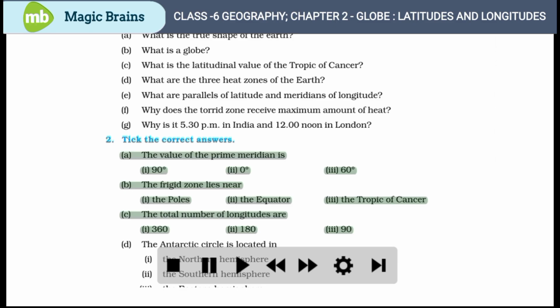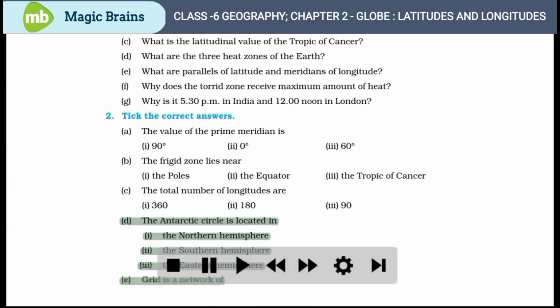The poles 2. The equator 3. The Tropic of Cancer. C. The total number of longitudes are 1. 360 2. 180 3. 90.